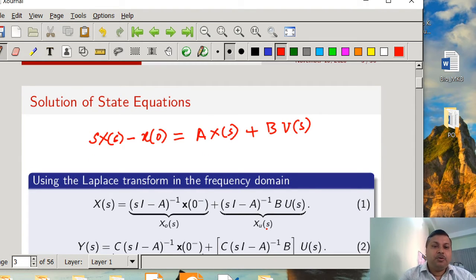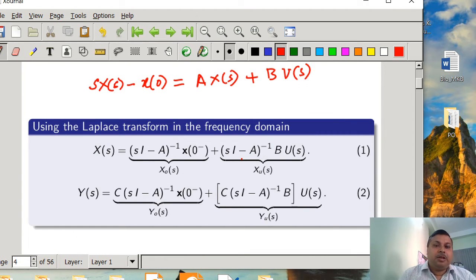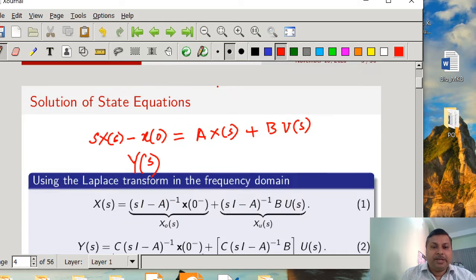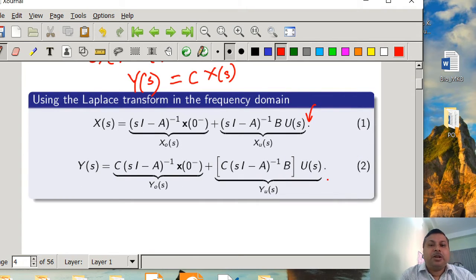Now if you want to compute the time response of the system, then you know the output equation. If you take the Laplace transform of the output equation, Y(s) equals C X(s). And if you substitute the expression of X(s) into the expression of Y(s), then you arrive at equation number 2, where you can see the two parts of the response very clearly.